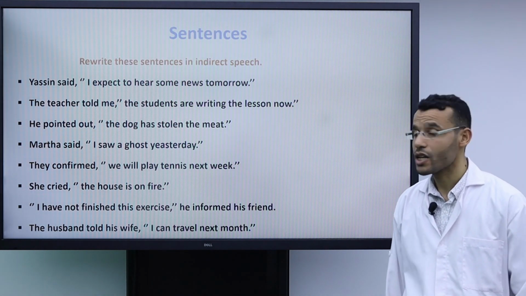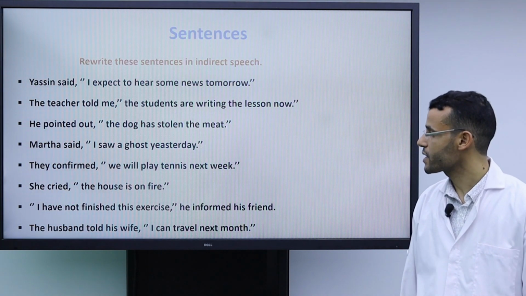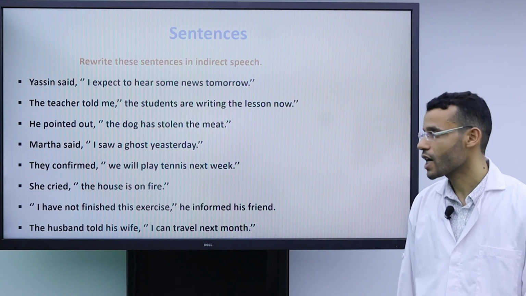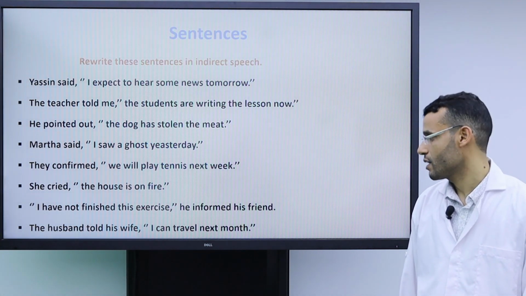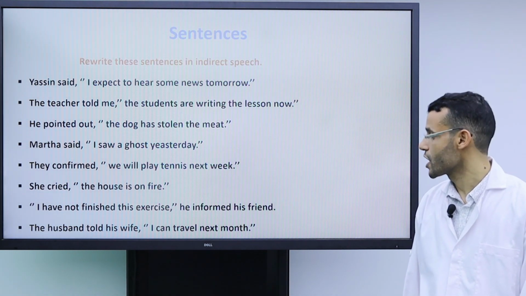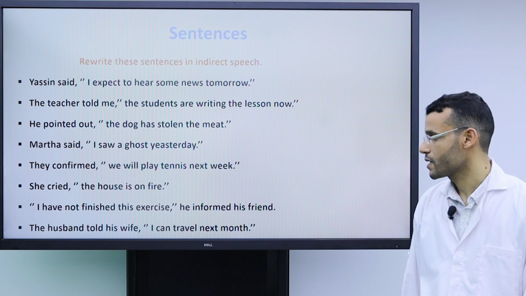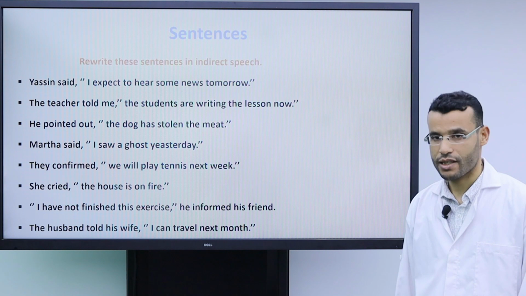Martha said, I saw a ghost yesterday. They confirmed we will play tennis next week. She cried, the house is on fire. And the other sentence, I haven't finished this exercise. He informed his friend, and the husband told his wife, I can't travel next month.